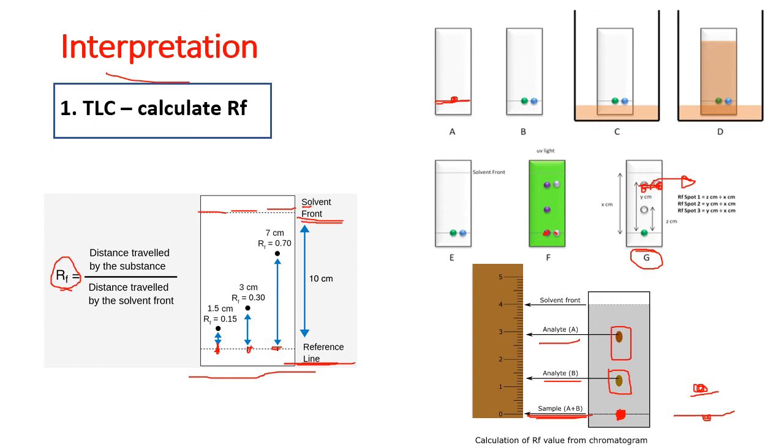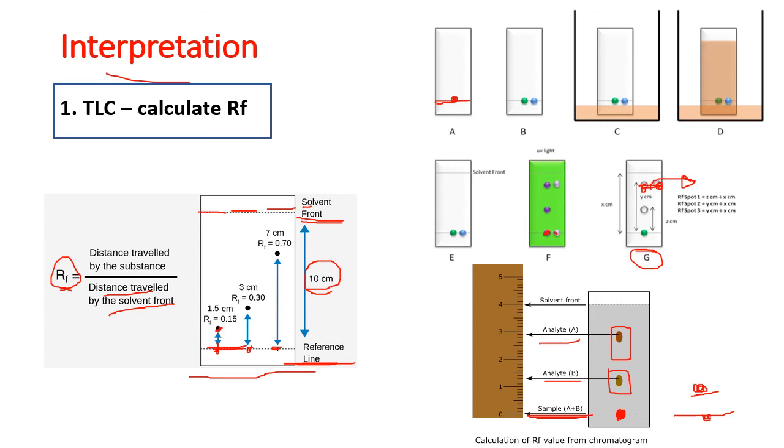The distance between them is, for example, 10 centimeters, then this is the distance traveled by the solvent front. You have to know it. And you calculate the distance traveled by every spot, which is the distance between the reference line and the spot.